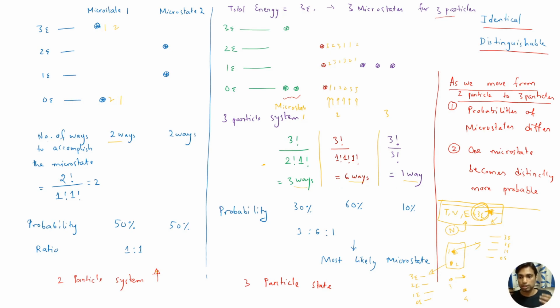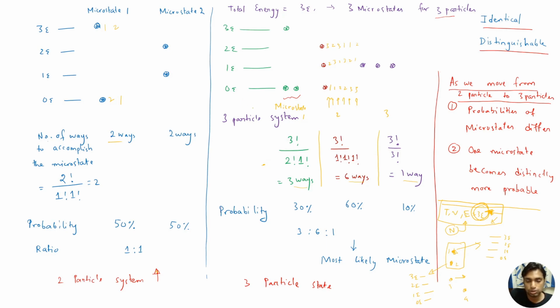Now the assumption of statistical mechanics is that all of these ways are equiprobable. So when you take a random snapshot, there is a 60% probability. Take the sum of all these probabilities as 1.